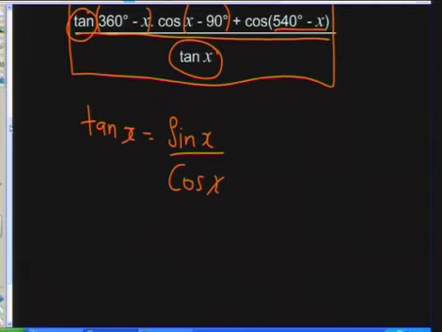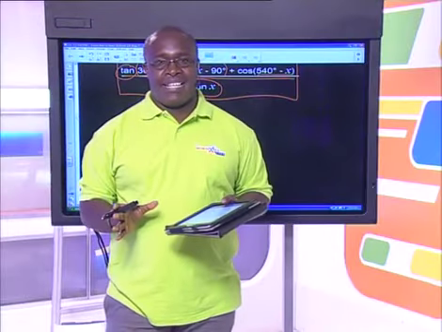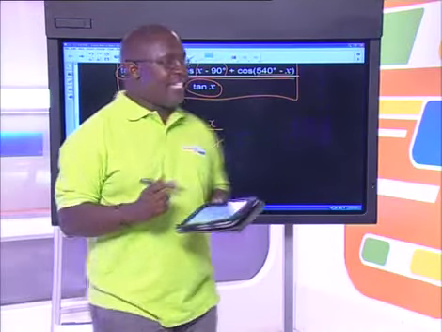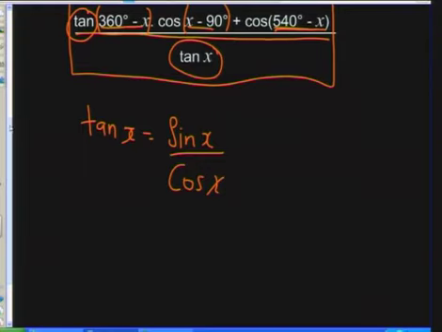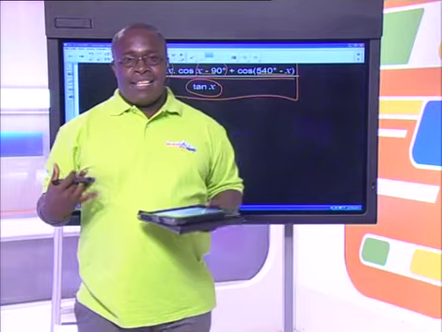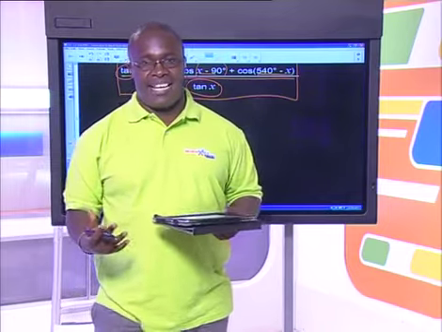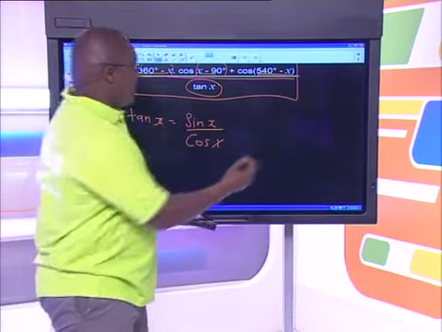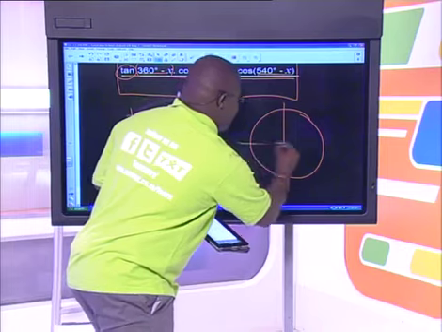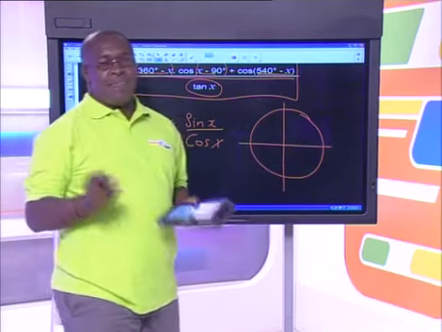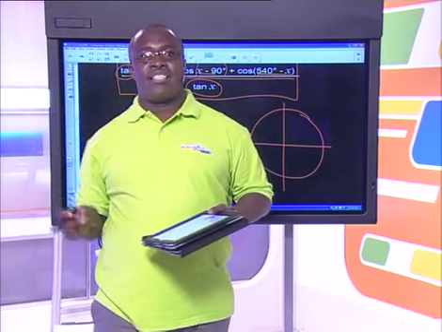Then we see that our angles are not just singular angles, but compounded. There's subtraction and addition of angles, so we need to understand the mathematics of trigonometric quadrants. I'm going to draw a circle and illustrate what the quadrants are all about. Remember, we measure our degrees in an anti-clockwise manner.